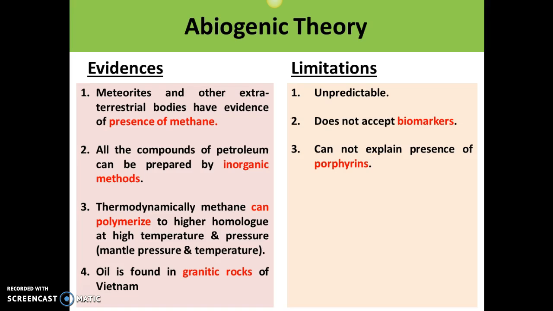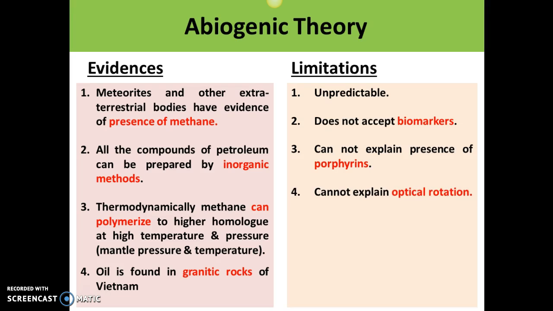Next, this theory does not accept biomarkers and cannot explain the presence of porphyrin in oil and gas, because porphyrin is one type of oil compound that's sourced from the chlorophyll found in plants, and this suggests an organic input.